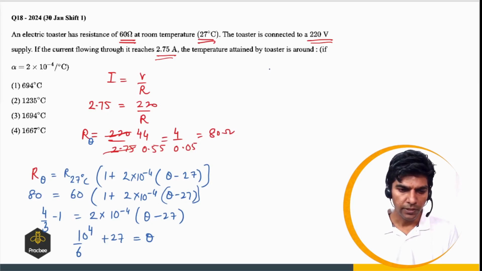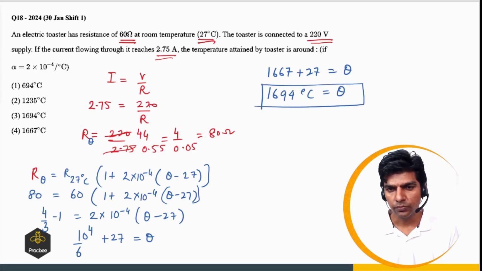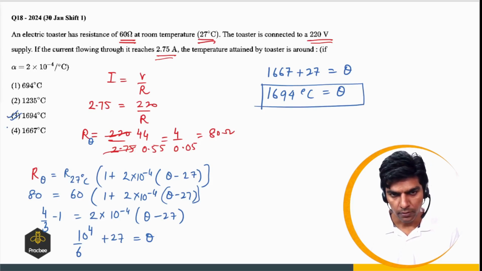So which will be 1667 plus 27 approximately, and it comes out to be 1694 degrees Celsius. So that is the temperature of the toaster, right? So option 3 is the right answer.